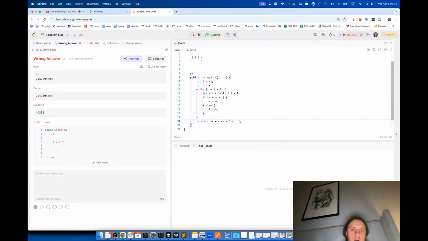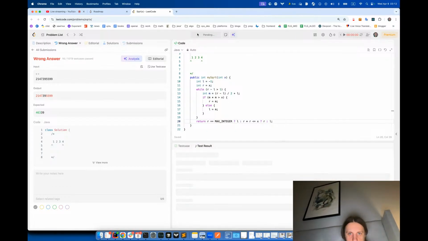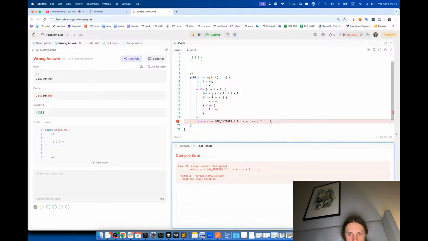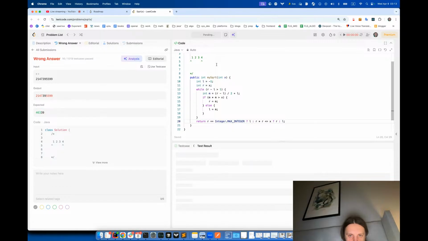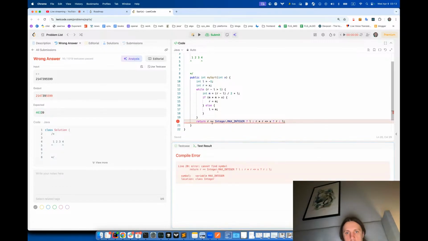Yeah, so if r is equal to max integer, then L is rise, integer, maybe max value.